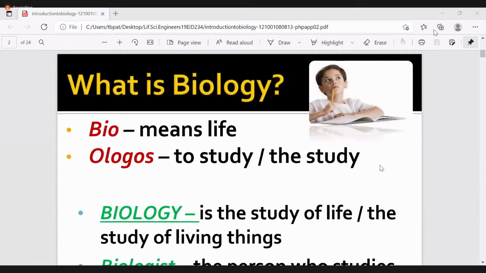Bio is nothing but life, the living thing. Bio means life, a living thing. This is the Greek term. Logos means the study of, so biology is the study of life, living organism study, living thing study.